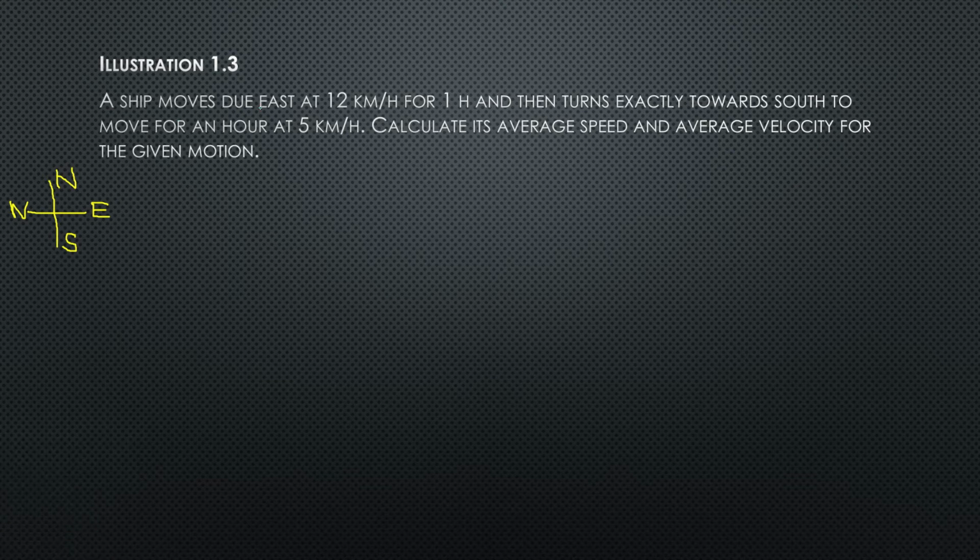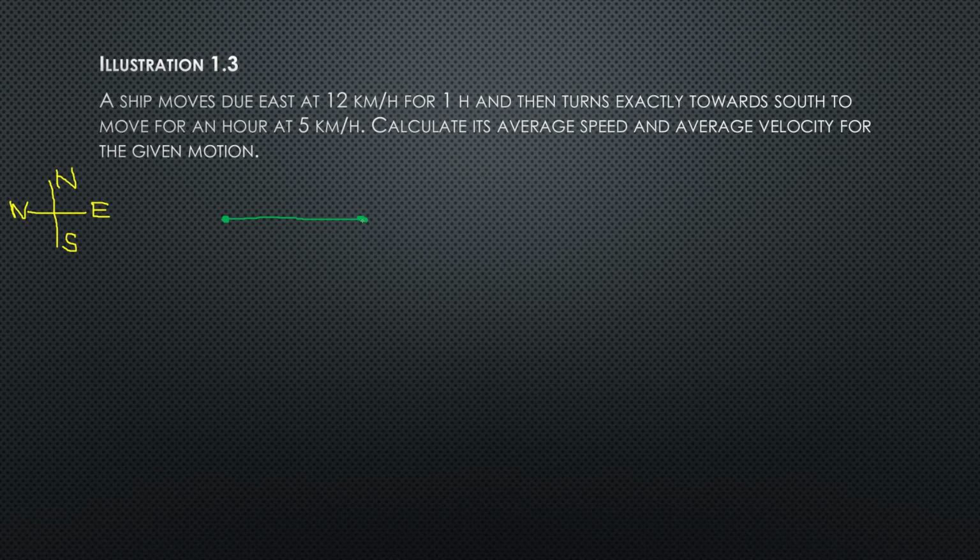Now a ship moves due east at 12 kilometers per hour. So from the starting point, the ship moves towards east at 12 kilometers an hour for a given time of 1 hour, and then turns exactly towards south.